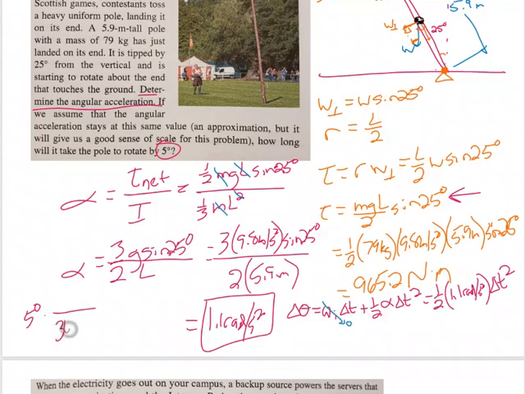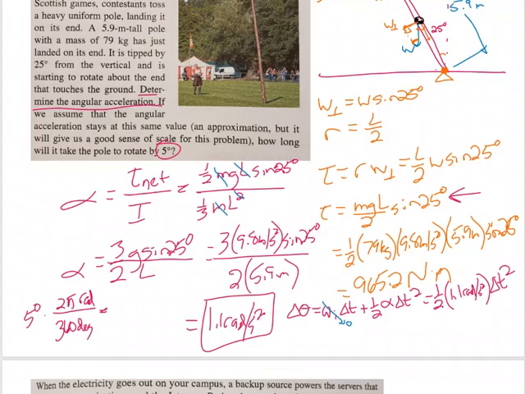So there's 360 degrees in 2 pi radians. I forgot to multiply. So it's 5 times 2 pi over 360.